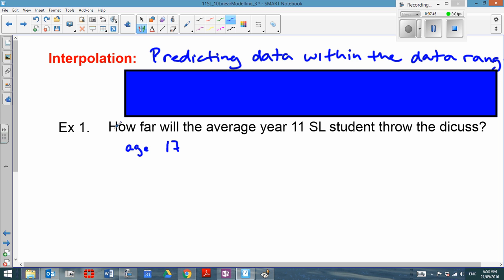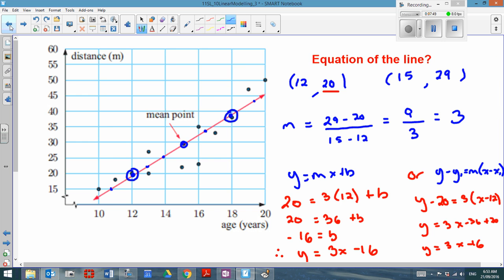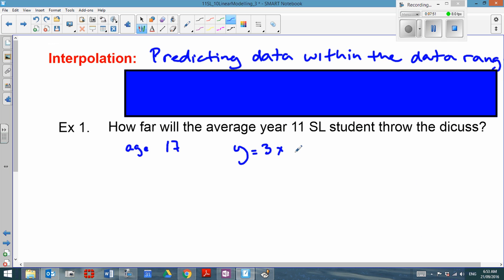And we're using our equation of y equals 3x minus 16, was it? Yep. So I could substitute our age, which is the x value, 17, minus 16. Therefore, an average 17-year-old will throw about 35, and this was in meters. Again, that's just predicting within the range that we're given.